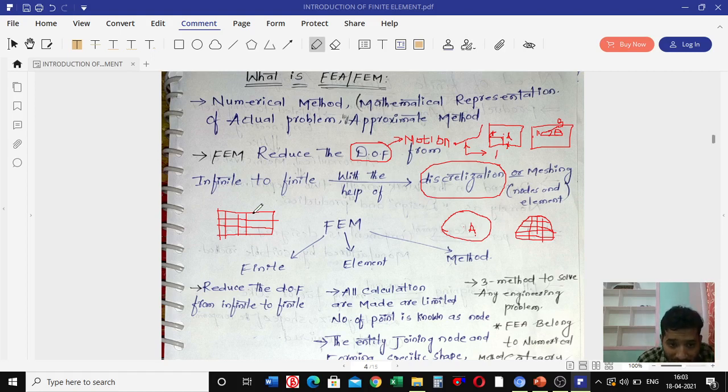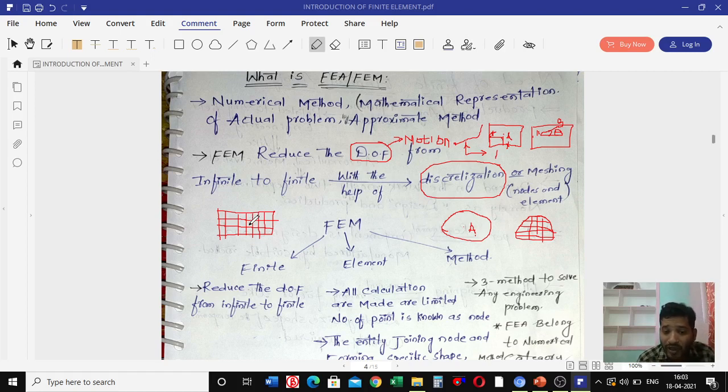So for that reason I am increasing the number of elements. If the number of elements increases, the number of nodes also increases, and you will get a better result and better accuracy wherever you find the result. If you want to find the positions, you can easily find them.